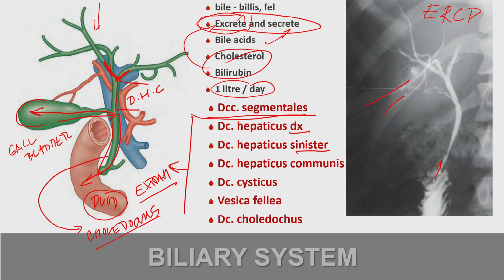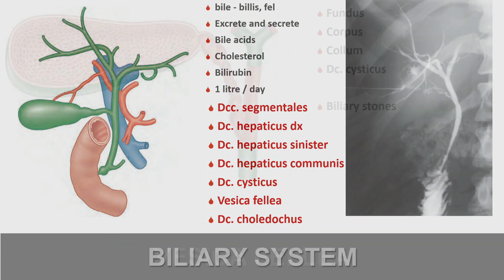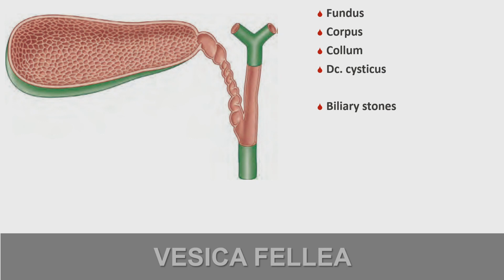But here you can see segmental bile ducts, right and left main junction, epsilon-like. Here, common hepatic duct, cystic duct, and this is a choledochus. And here we have a duodenum. Important is also this small thing, which will be noted on next images.